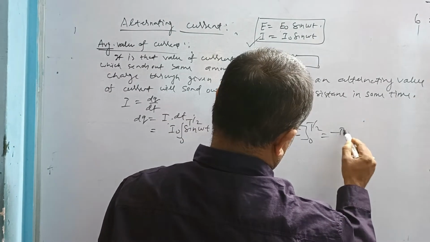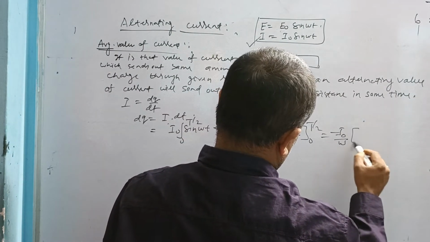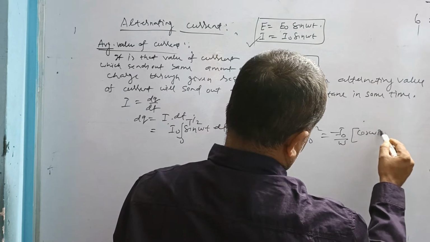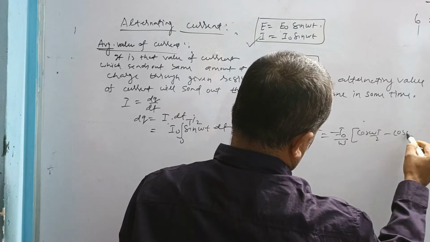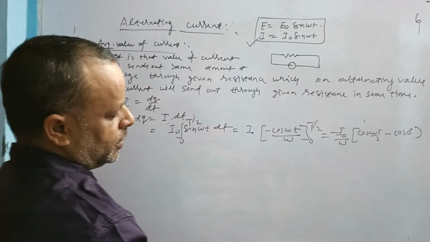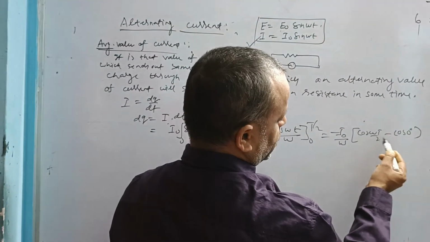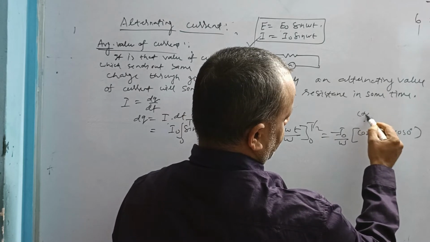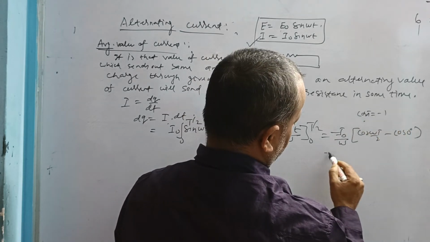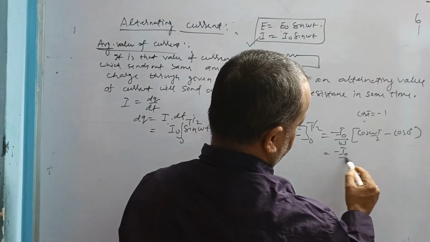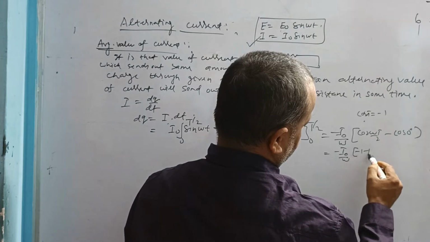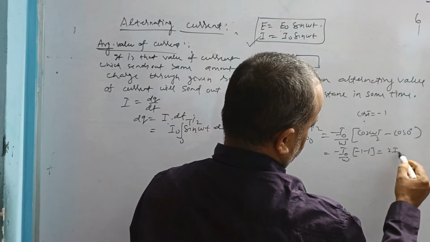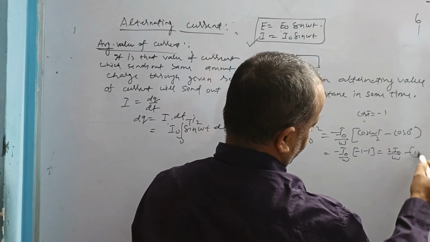It is coming out like this: I naught upon omega, cos omega t by 2 minus cos 0. Clear? We know that omega t is 2 pi divided by 2, which is pi, and cos pi is minus 1. So we have minus I naught upon omega, into minus 2, which is 2 I naught by omega.